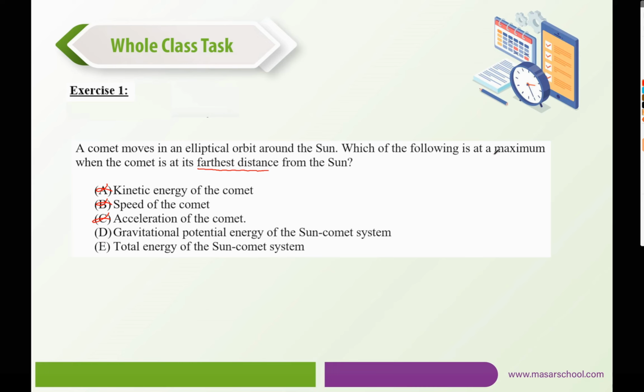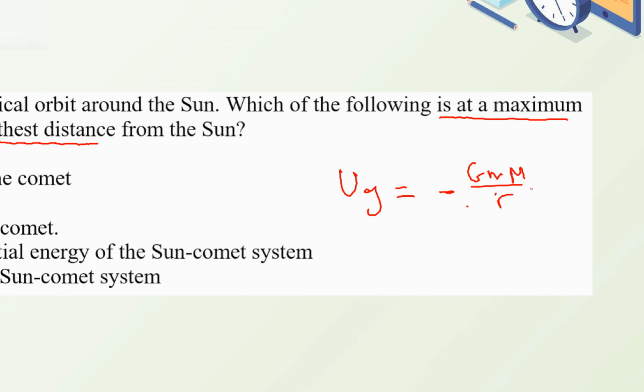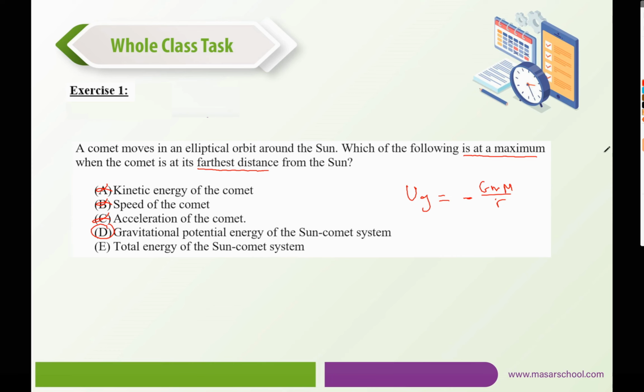So, is the gravitational potential energy at its maximum? Yes, the gravitational potential energy is the correct answer. Why? Because it's given by U_G equals minus GMm divided by R. Although in absolute value this will decrease, because it has a minus sign, it will increase.